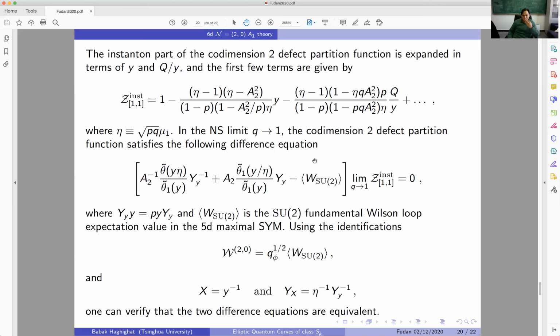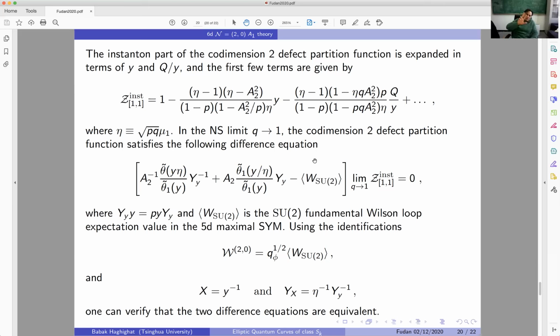But I remember that in the Haghighat paper for the refined topological vertex theory, they said that the partition function for the Q brane is equal to the partition function of the anti-Q brane. So there is an exchange symmetry between them.